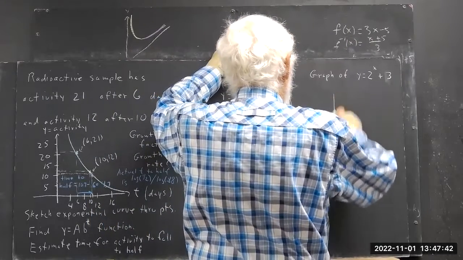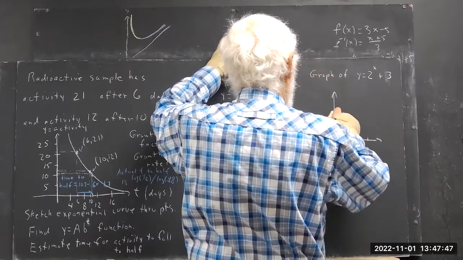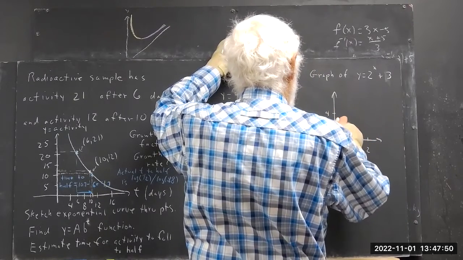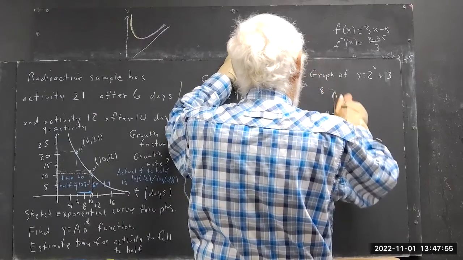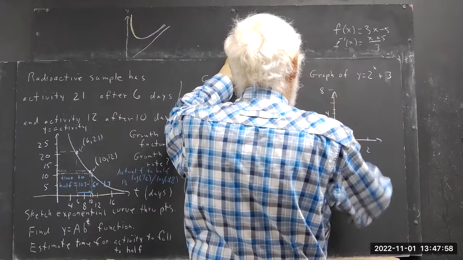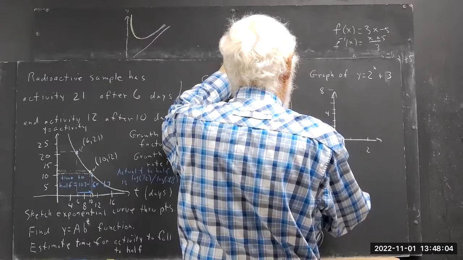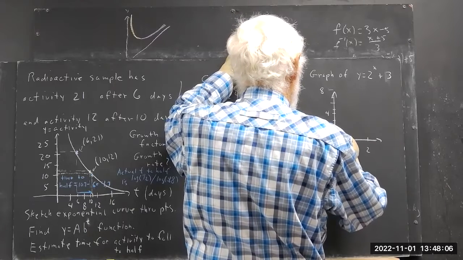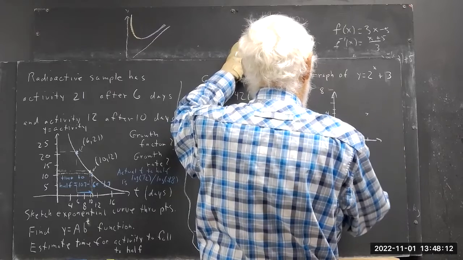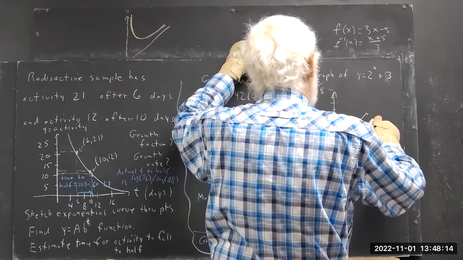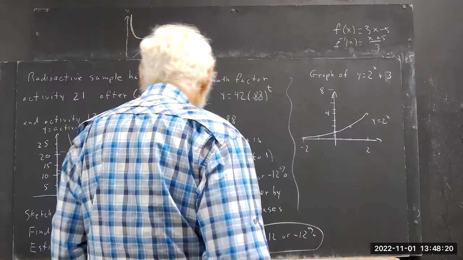We just graph y equals 2 to the x. There's y equals 2 to the x.